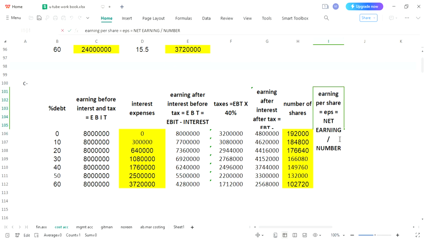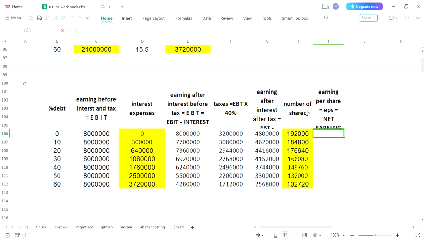Net earning is this earning after interest and after tax. It would be divided by number of shares. Number of shares are present over here. So earning after interest after tax, or net earning, 48 lakh, would be divided by number of shares. You will get your earning per share.